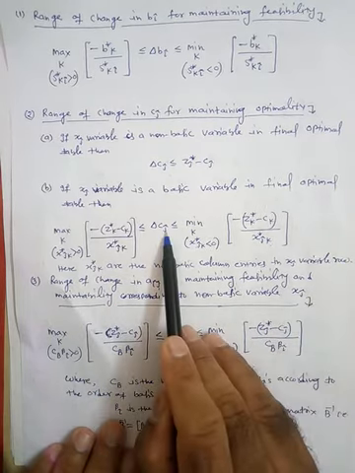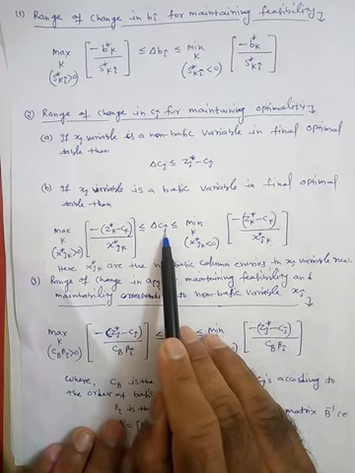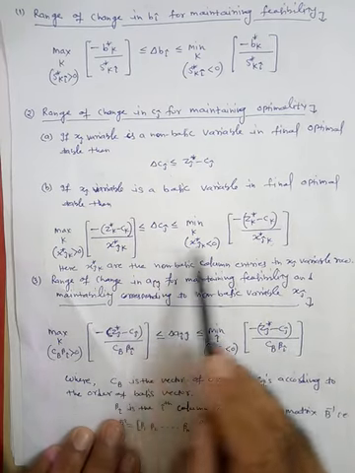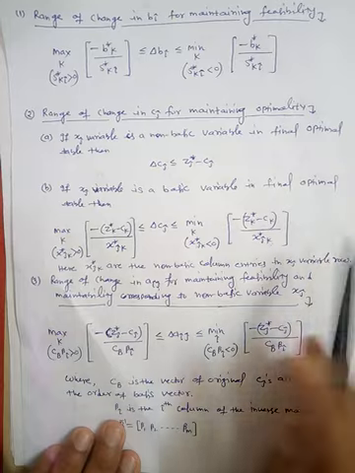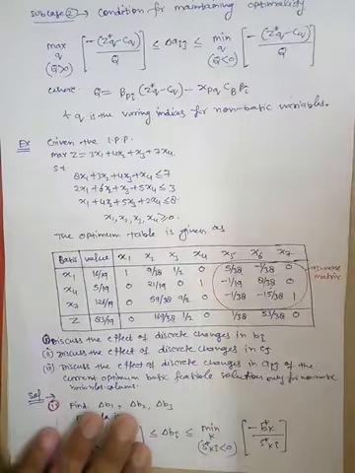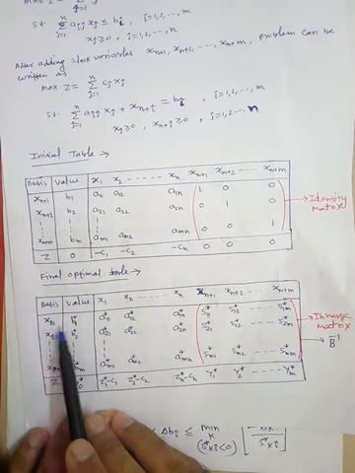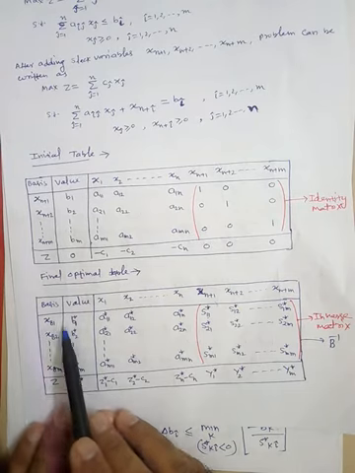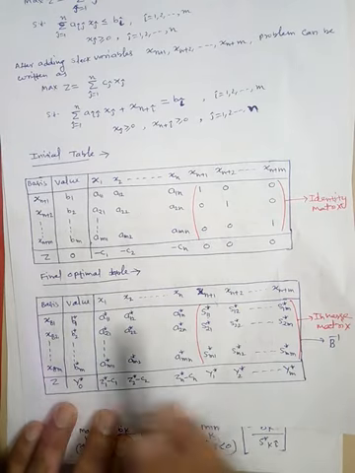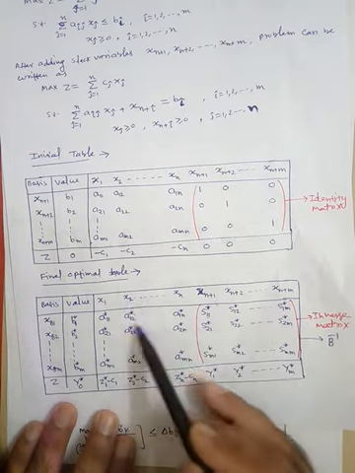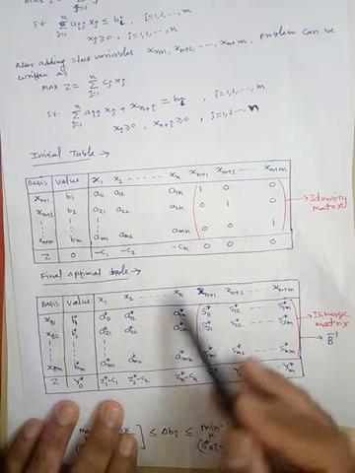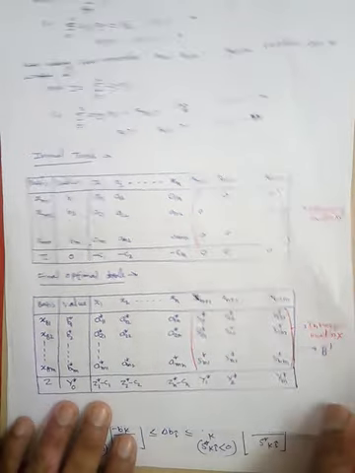If you put j equal to, for example, 1, then we will move in the first row. Among this row we have to select only those columns which are associated with non-basic variables.